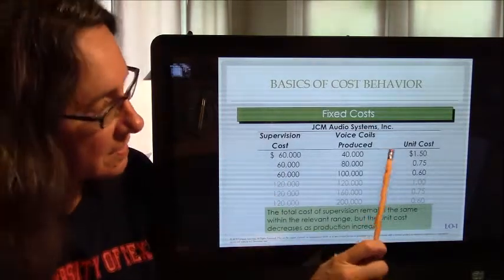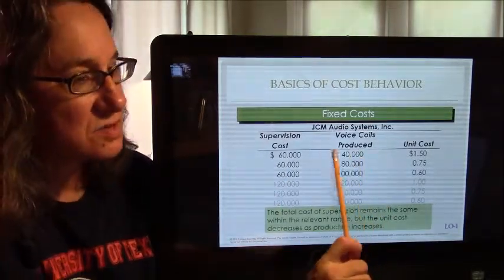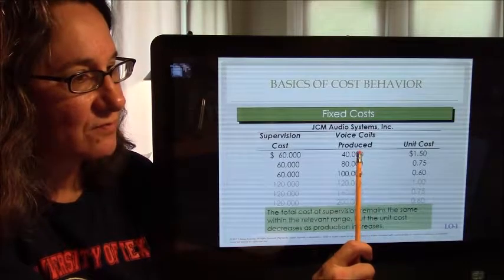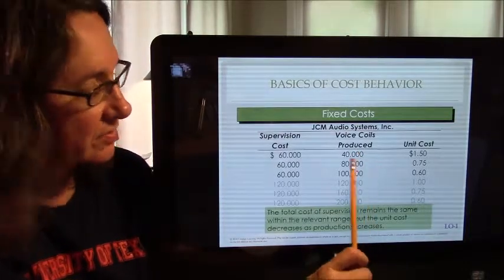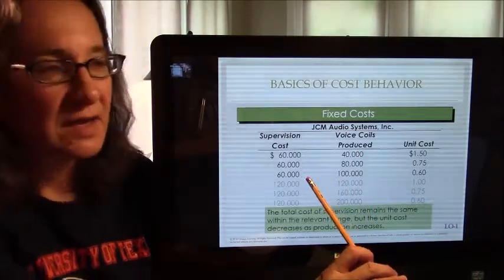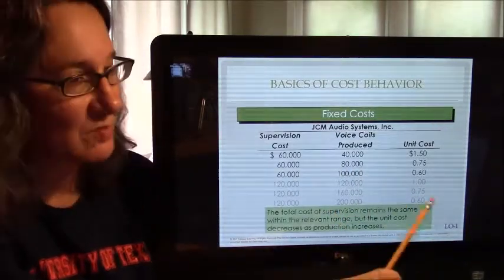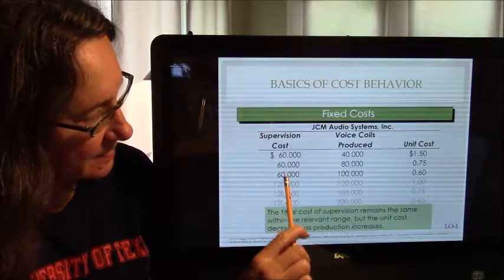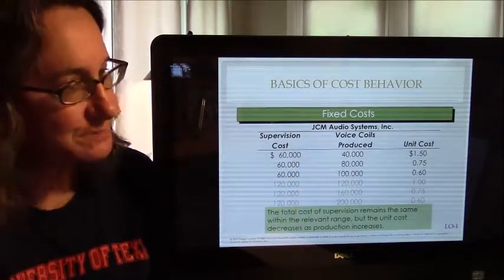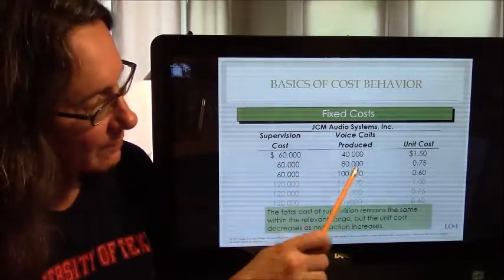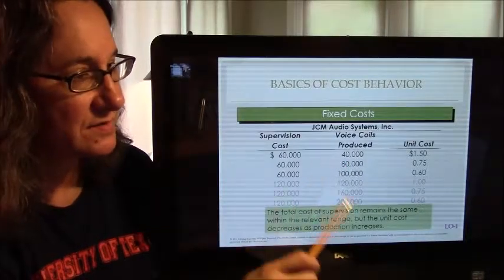So we got one supervisor. We're producing 40,000, 80,000, 100. It still costs 60,000. Now, at some point, we're going to be producing so many that we have to hire a second supervisor, right? But this is what we call the relevant range. So our total cost stays the same.